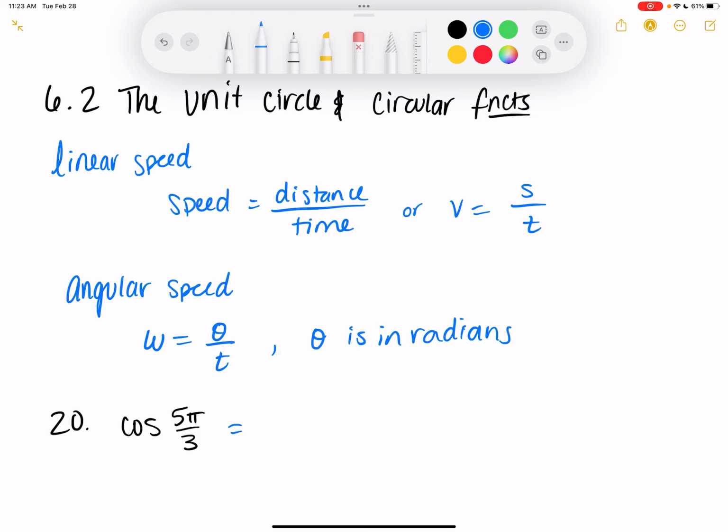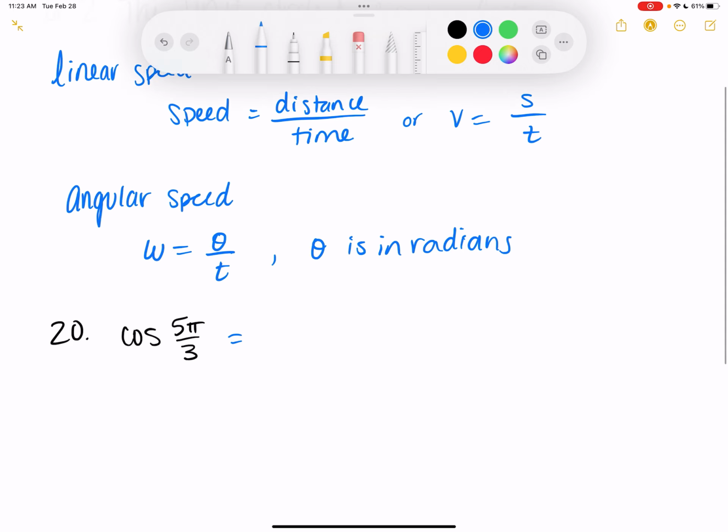Cosine is x values. So it's positive 1/2.